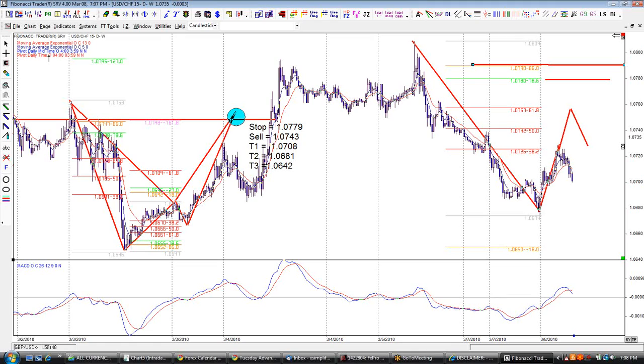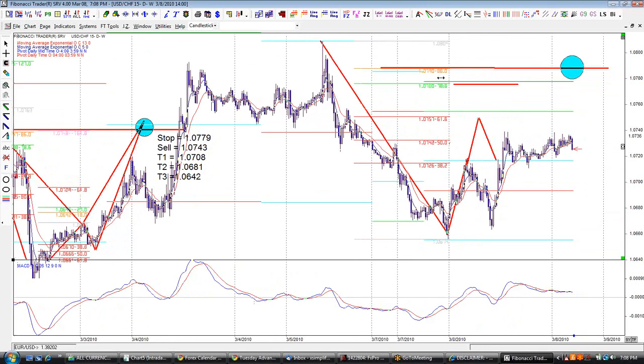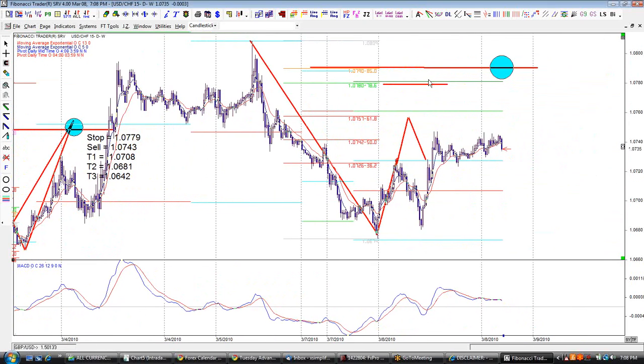What we can do now is we can launch the pivot points and see where we have convergence. Now in this current case, let's see. We have convergence of the 786 like right now, even on this trade.